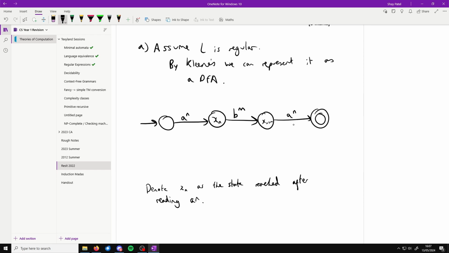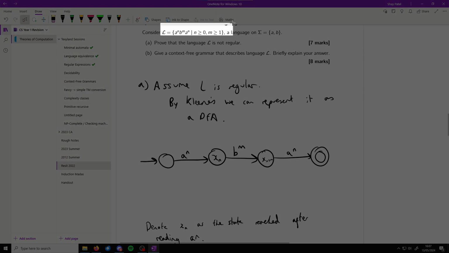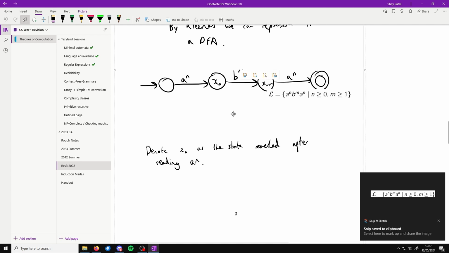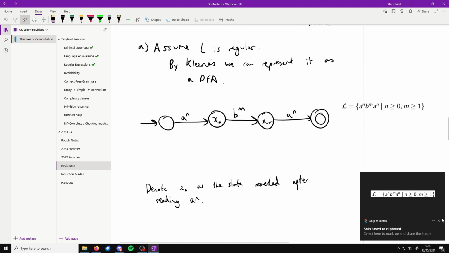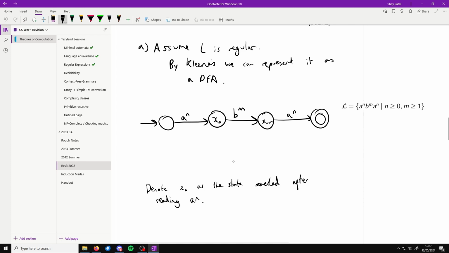So, when we have read x(n+m), I guess you could say that we must accept the same amount of a's as xn, but since we can't keep track, obviously we can't really check it, because we're going from a to the power of n, b to the power of m, and then a to the power of n, where n and m can be any number, but n must be equal on both sides.